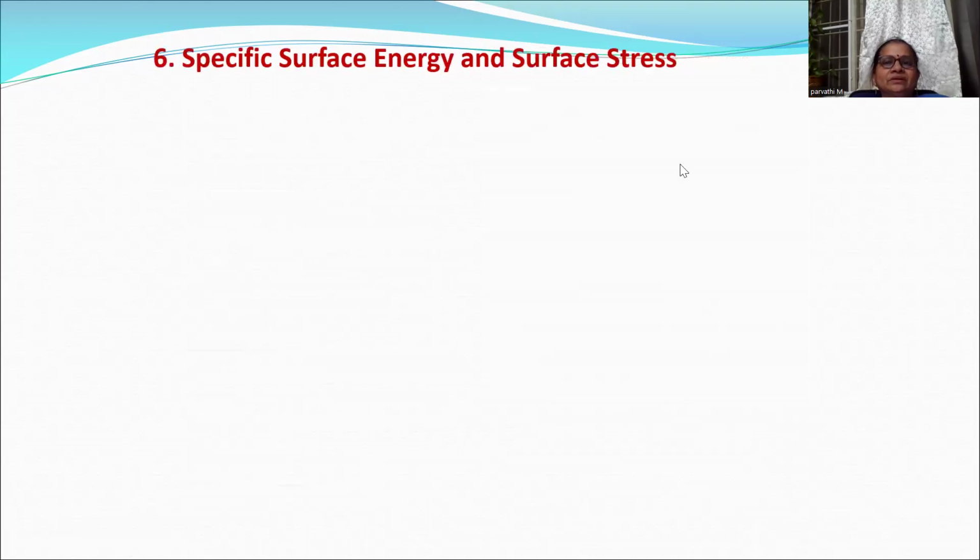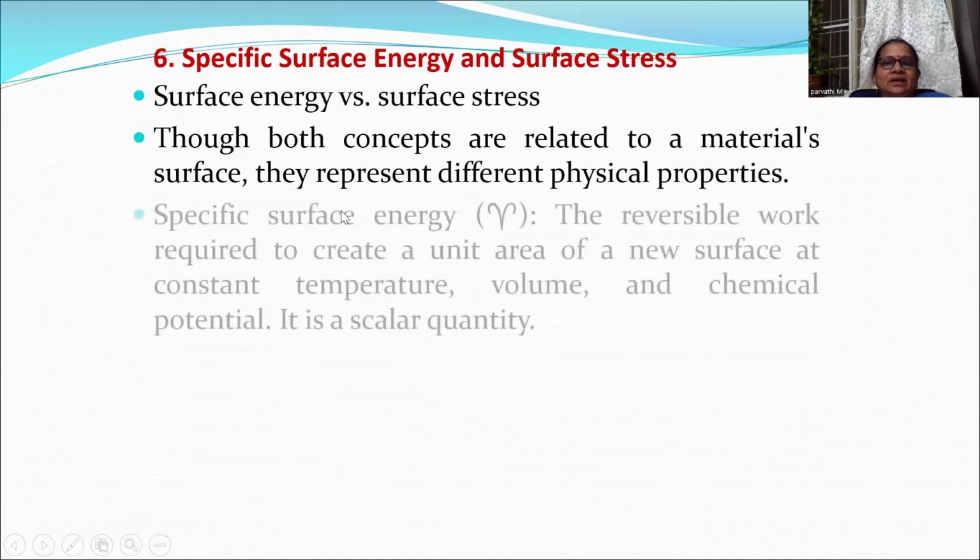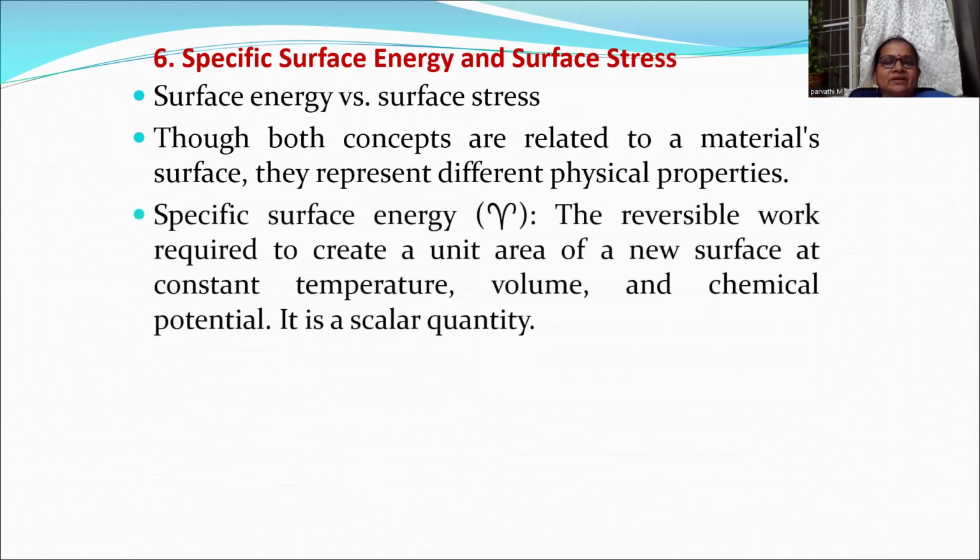Now, you see specific surface energy and surface stress. So here, surface energy versus surface stress. Here, concepts like material surface have different properties. Specific energy means the reversible work to create a unit area of a new surface at constant temperature.